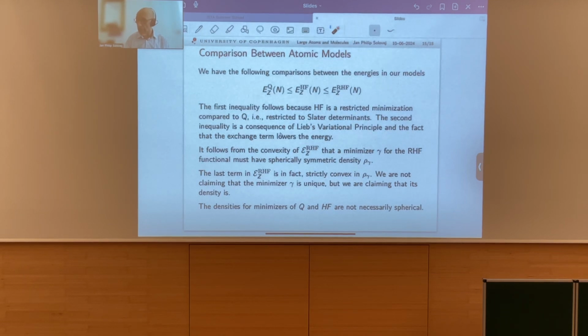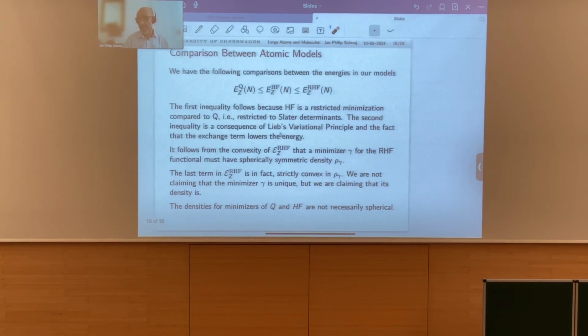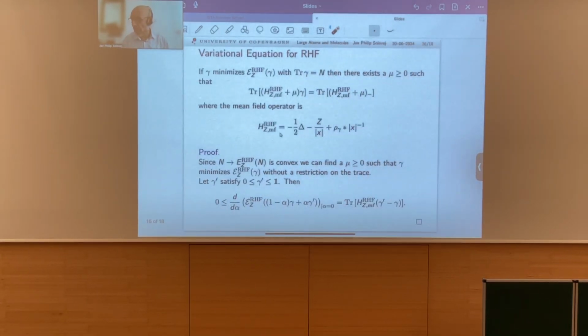And as I said, the minimizer here is very asymmetric because the density is unique. I'm not saying that the gamma is unique. It's strictly convex in the density and it's convex in gamma. But for quantum and Hartree-Fock, the atom is not necessarily so.